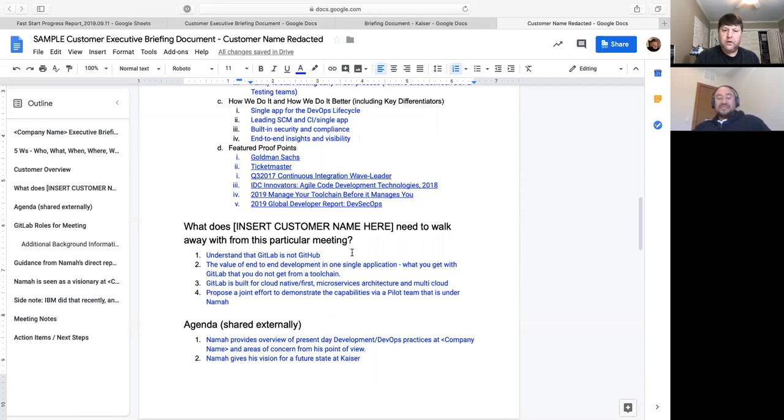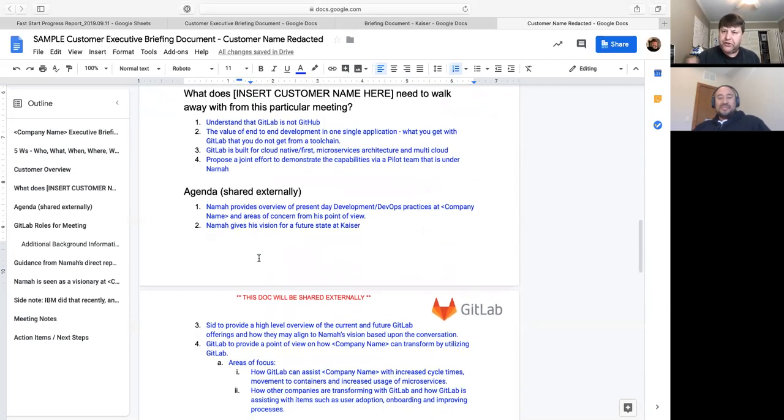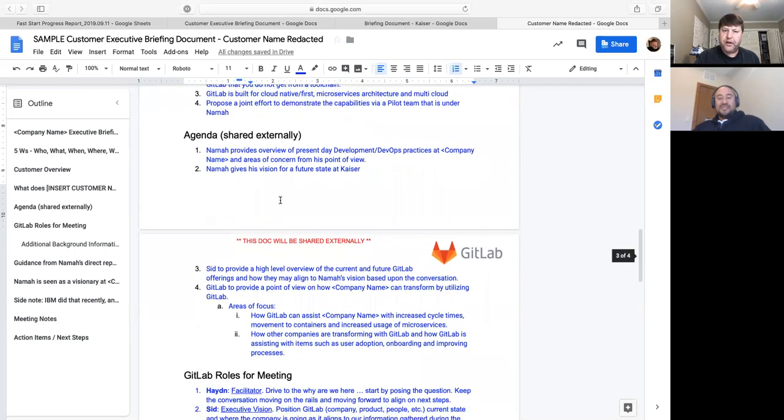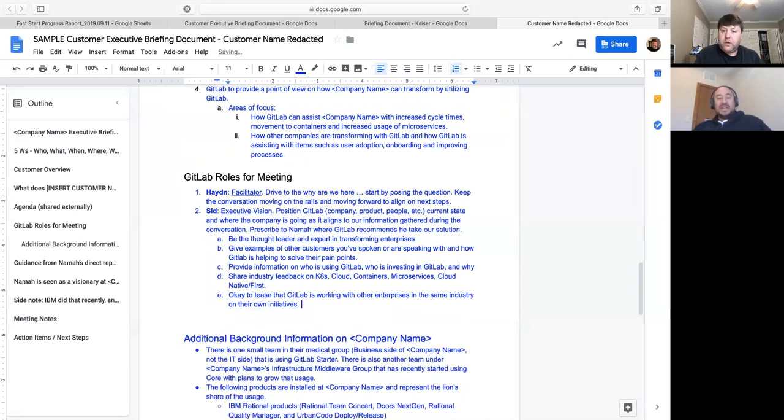Excellent. So I see here listing out the explicit agenda that's not only shared with Sid, but shared externally with the customer. Correct. The roles for the meeting, do you want to say any more about that? Yeah, so this was a face-to-face meeting. We also do them for remote as well, and it doesn't really change. But really, Hayden was on site with this one due to his proximity. I've done these in person and also remote.